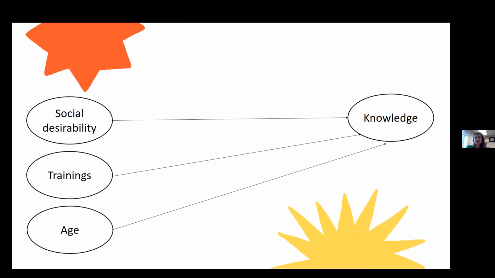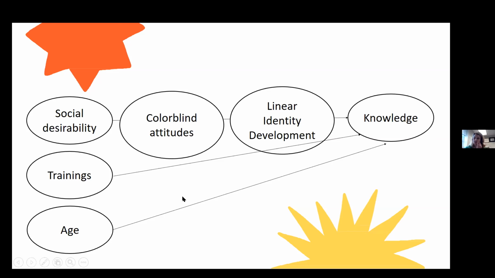So next, looking at knowledge, it's the same model. With this one, the colorblind attitudes, I remember they were definitely still significant, but when it came to the linear identity development, the interesting piece I wanted to share is that it was actually immersion that had the strongest positive effect on knowledge, more so than autonomy.